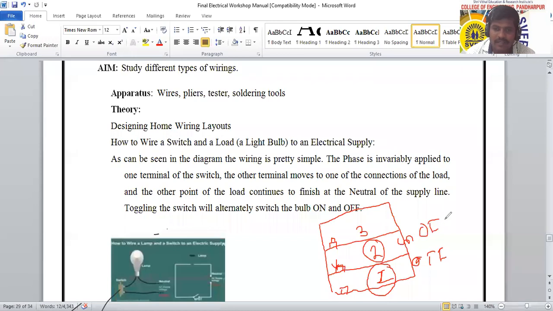And the load in the third room will get on. याच्यामधला load on होईल. So for that, the toggle switch can be used, or we can call it a two-way switch. इथं two-way switch यूज केले जातात.